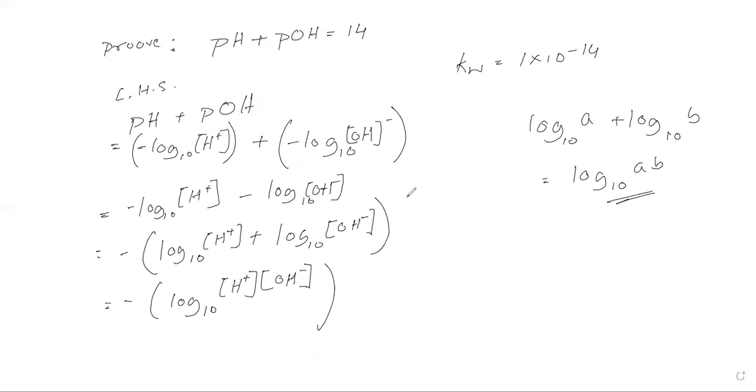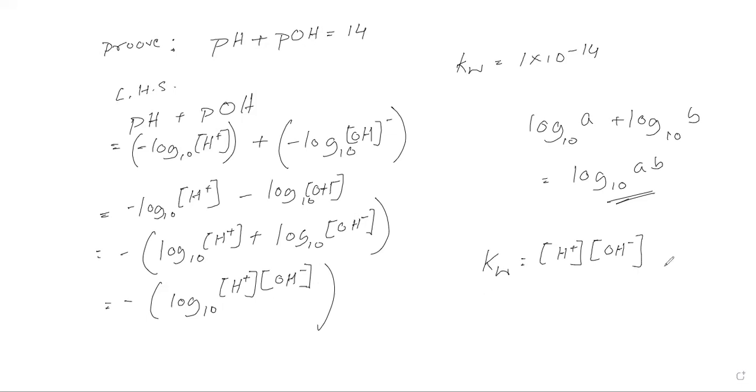Now, what else can we do? For this single term, we can recall the equation of the ionic product of water. Kw was equal to the concentration of H plus times the concentration of OH minus, isn't it? So the inner part is actually equivalent to Kw.